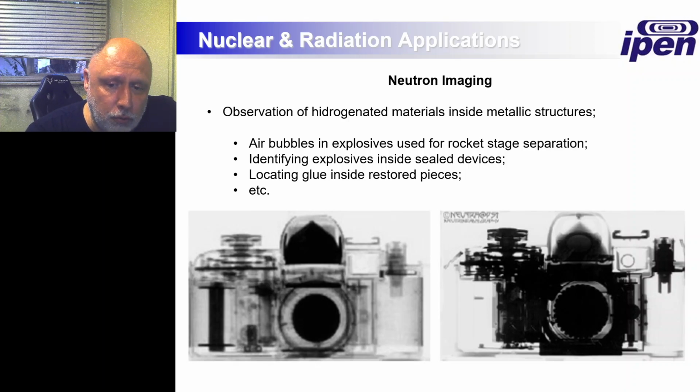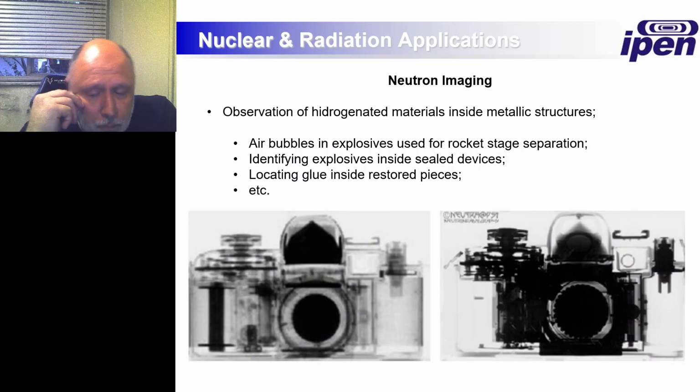If we do X-rays, either the X-rays or gamma rays will not be able to cross the metal canister, or if they have energy enough to cross the metal canister, gunpowder, or any explosive you have there, will be absolutely transparent to them, so you cannot see anything.